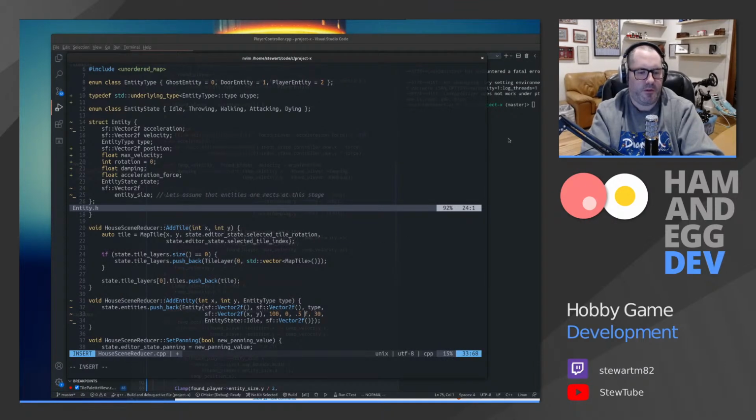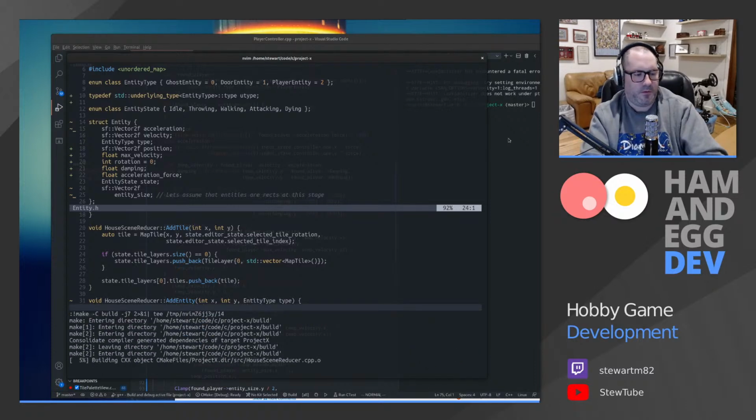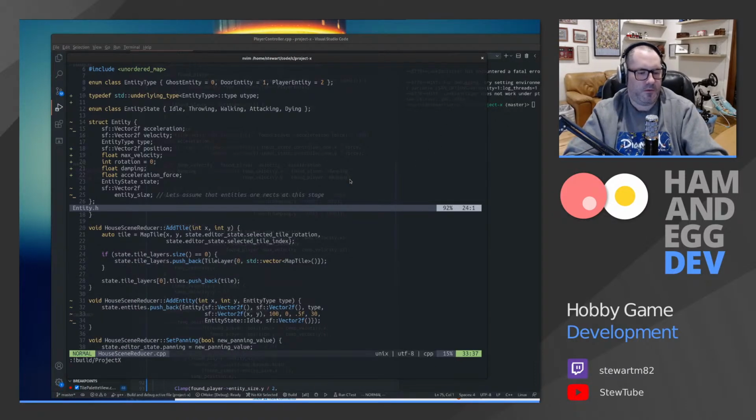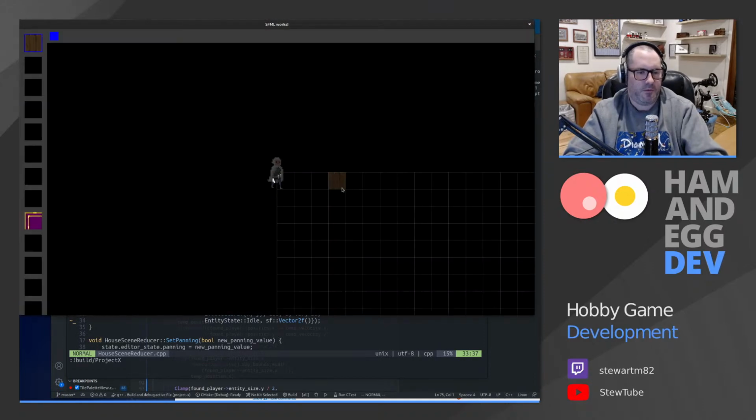Maybe not quite as a severe increase. Okay, that feels pretty good. That's stopping pretty much on a dime, as our North American friends might say.